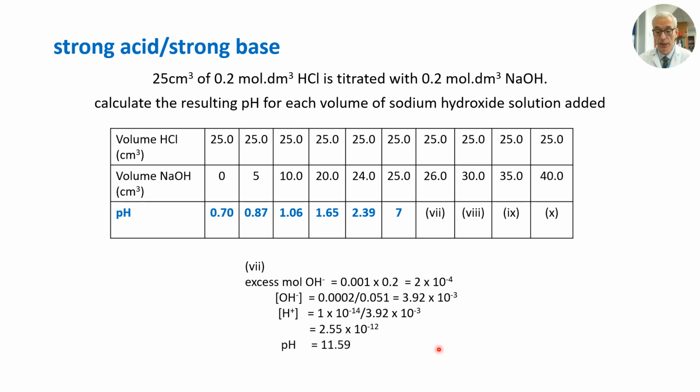Plug that into the pH definition, gives us a pH of 11.59. So there is the model calculation for titration 7. Could you calculate the pH for 8, 9 and 10? Come back to check your pH answers against mine when you are ready.